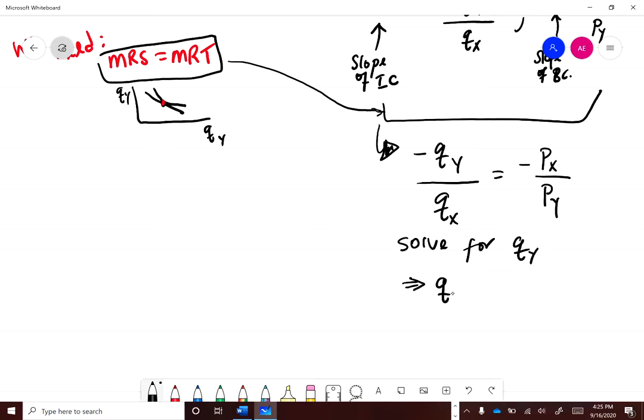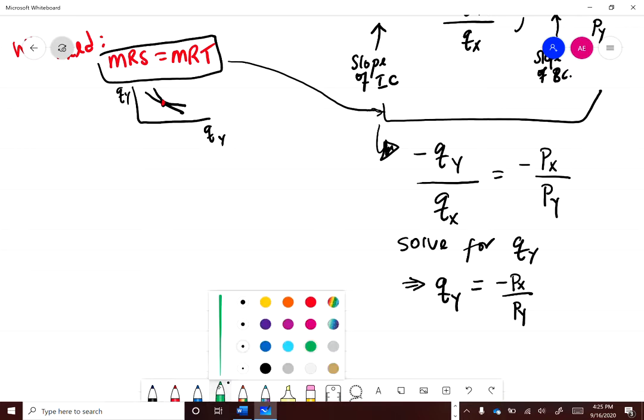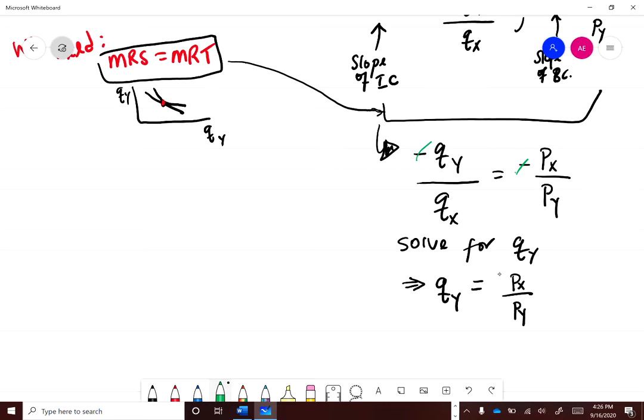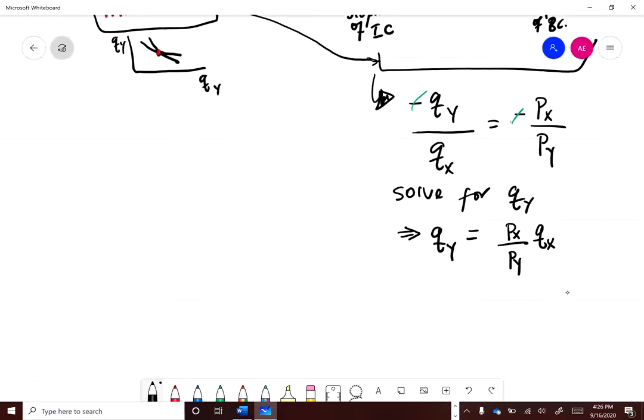So Q of Y is equal to P of X over P of Y times Q of X. Actually, the negative sign can come off, right? Because these two can cross out.